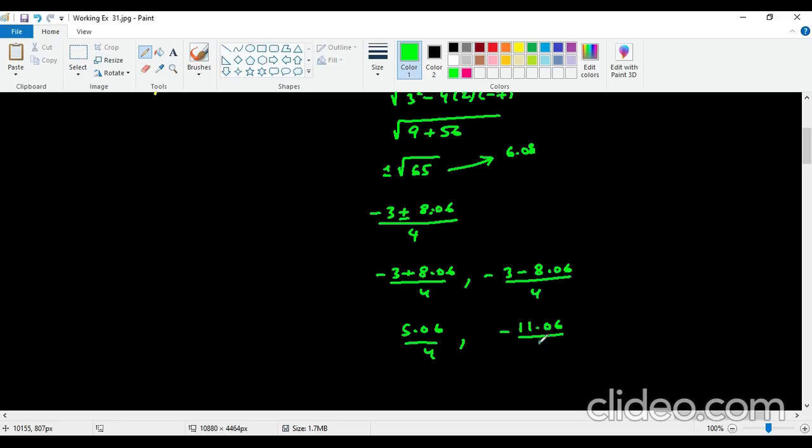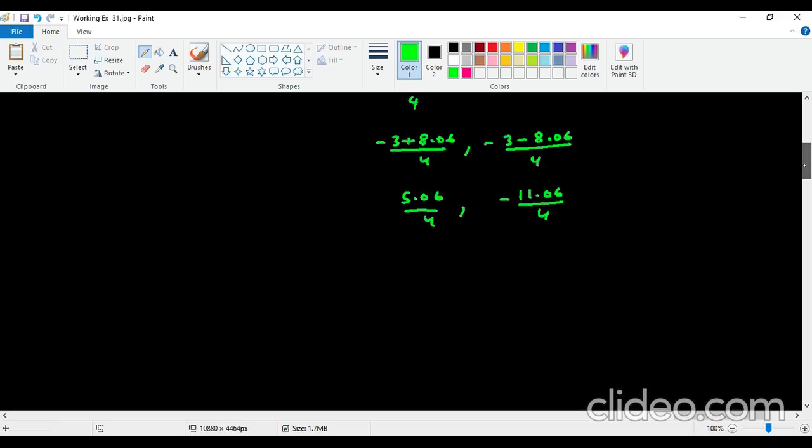When divided by 4, you're going to get 1.26 in the calculator, but you can write 1.27 to be precise, and negative 2.79 in the calculator, but you can write 2.77. These are the two values that you get for x.